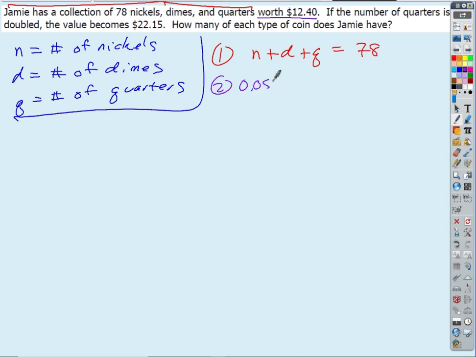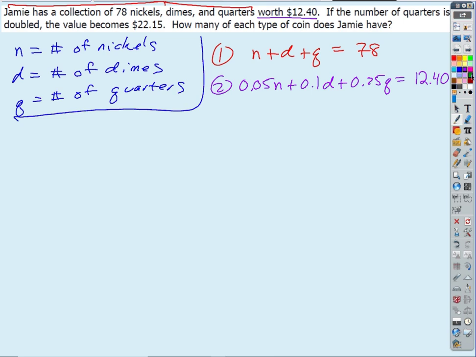Okay, so 0.05N plus 0.1D plus 0.25Q must equal 12.40, right? That make sense? Because doesn't this represent the total value of all her nickels? That's the total value of all her dimes. That's the total value of all her quarters, and they must add up to 1240. Okay, everybody good with that?